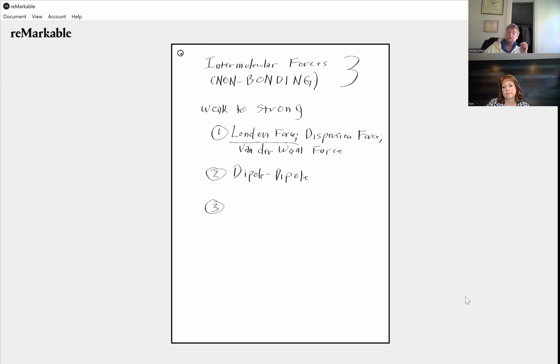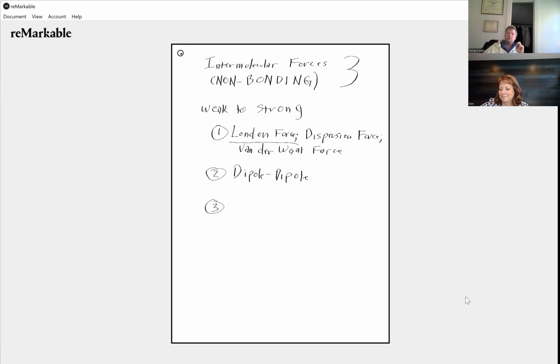In essence, all of these are electrostatic attractions. At the core of each and every one of them, they are electrostatic in nature. That's why dipole-dipole is the easiest to understand, but it is the second strongest intermolecular force. I keep saying these are non-bonding forces. There is a reason for that. You may be getting annoyed with me. You wouldn't be the first.